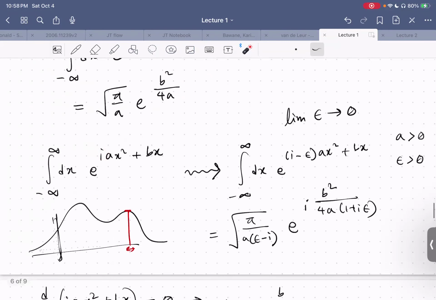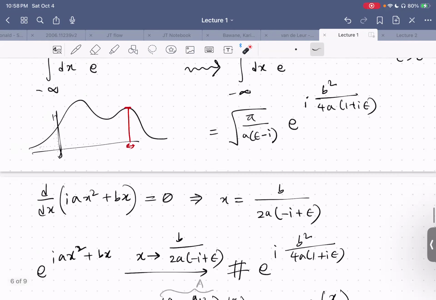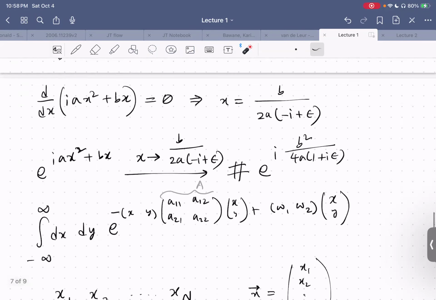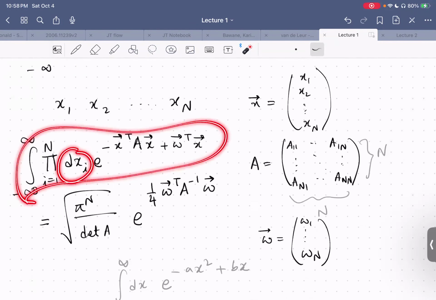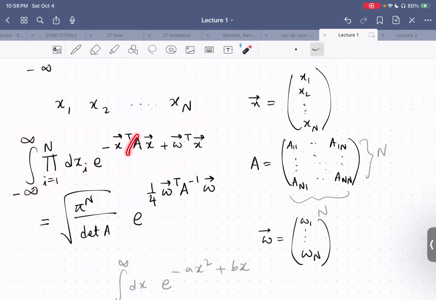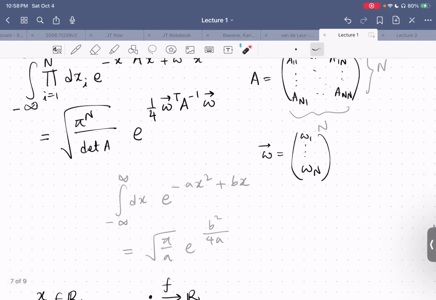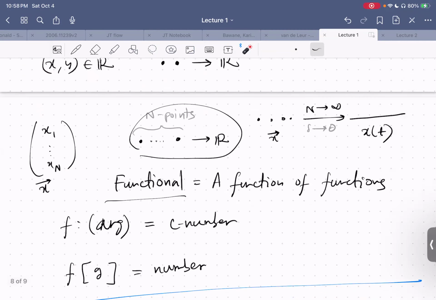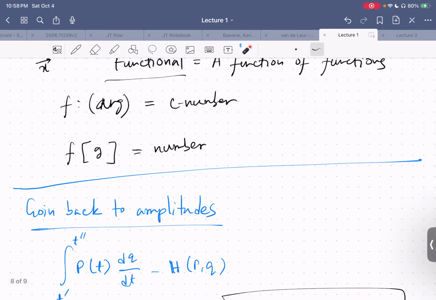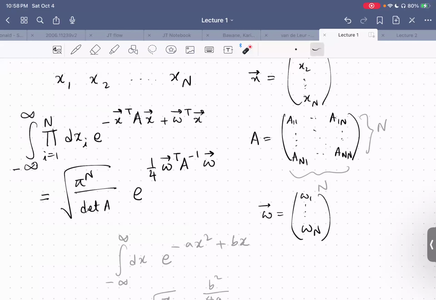And even the answer looks pretty much the same, which is not surprising because remember that we also argued that we can generalize a Gaussian integration to multiple variables with matrix operators. And the result that we get is basically the same as the one variable result, right? You have something quadratic in the coefficient, you have some operator which is the inverse of this operator, and these numbers we will not really care about.